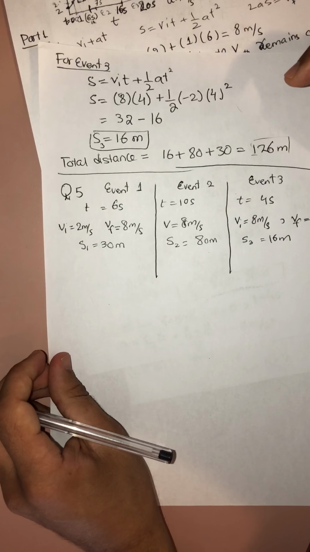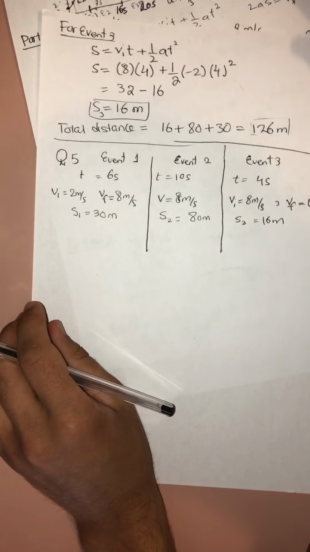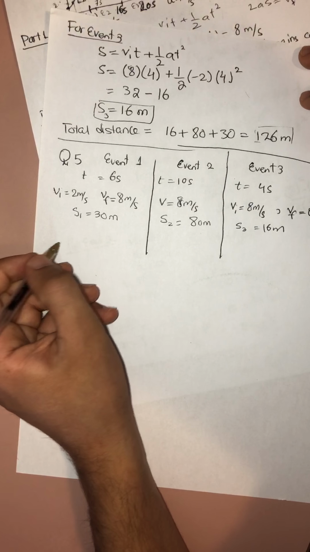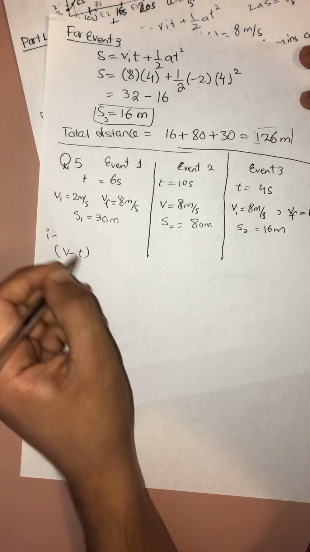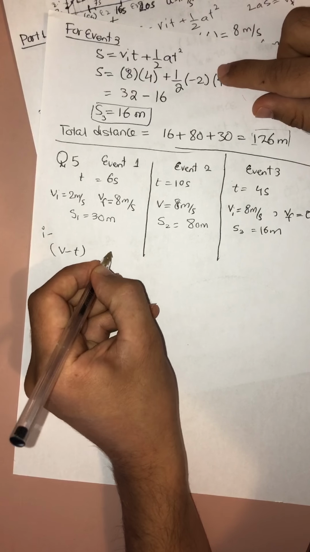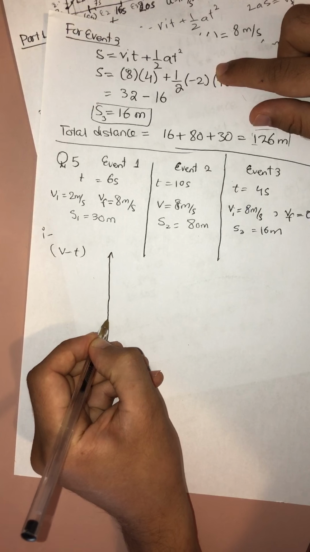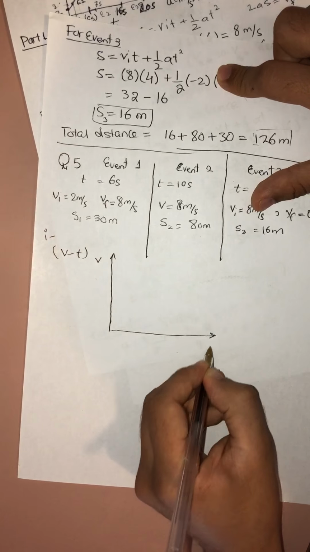Now our objective is to find the velocity time graph. The first question: find the velocity time graph for this event. So we will draw a graph between velocity and time.